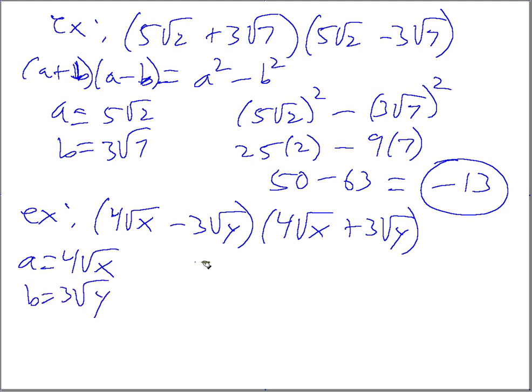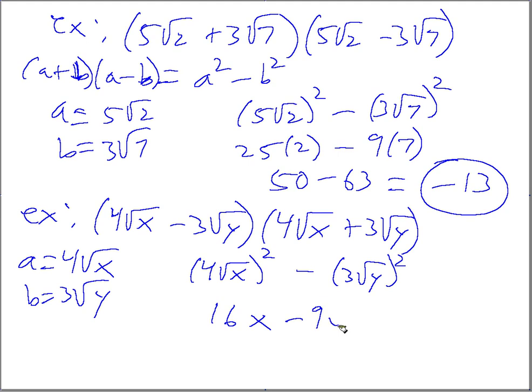So a squared minus b squared: 4 root x squared is 16x, minus 3 root y squared, 3 squared is 9, so 9y. So when you apply this difference of squares formula, there are no more square roots remaining in your final answer.